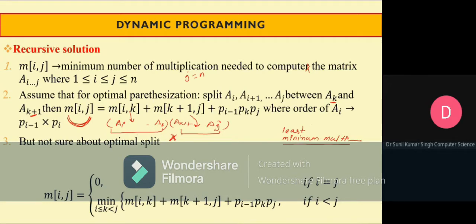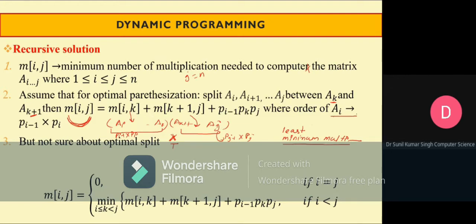Of course, after multiplying the matrices, let's see what will be the order of the resultant matrix. Suppose the order of Aj is pj minus 1 cross pj, and the order of Ai is pi minus 1 cross pi.